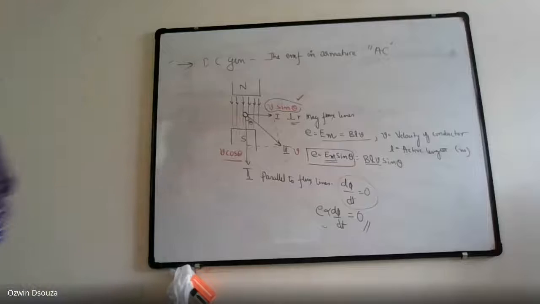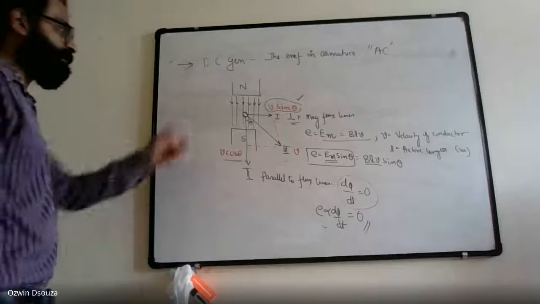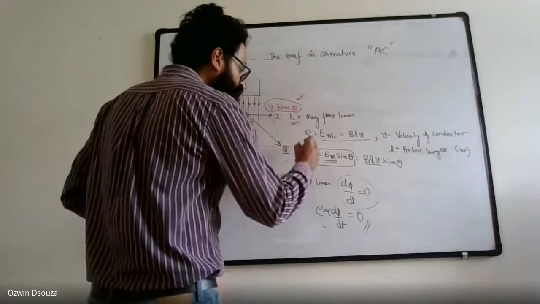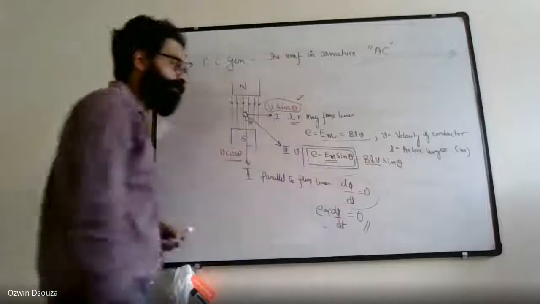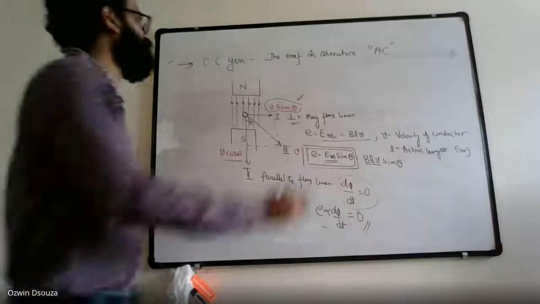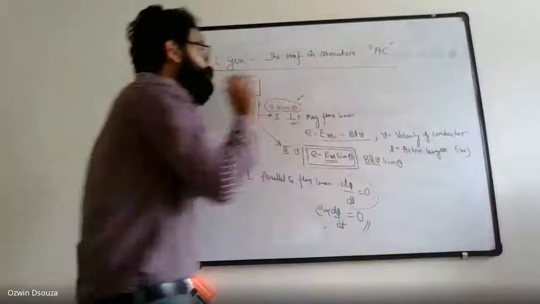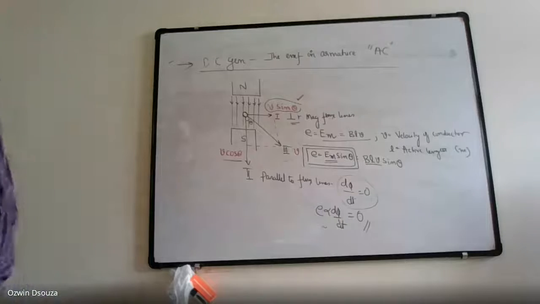So, whenever a conductor is rotated in a constant magnetic field, the induced EMF always follows the sinusoidal law, that is E is equal to Em sin omega t. That's the reason in a DC generator, the nature of induced EMF in the armature is always AC.